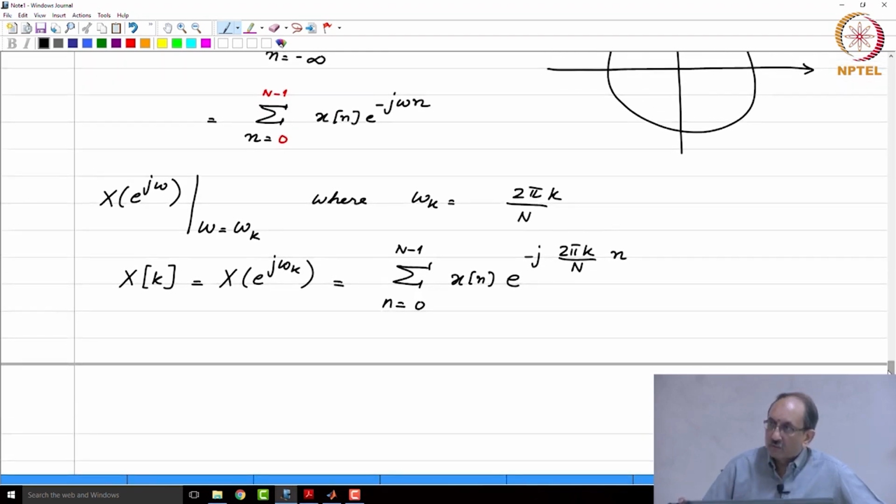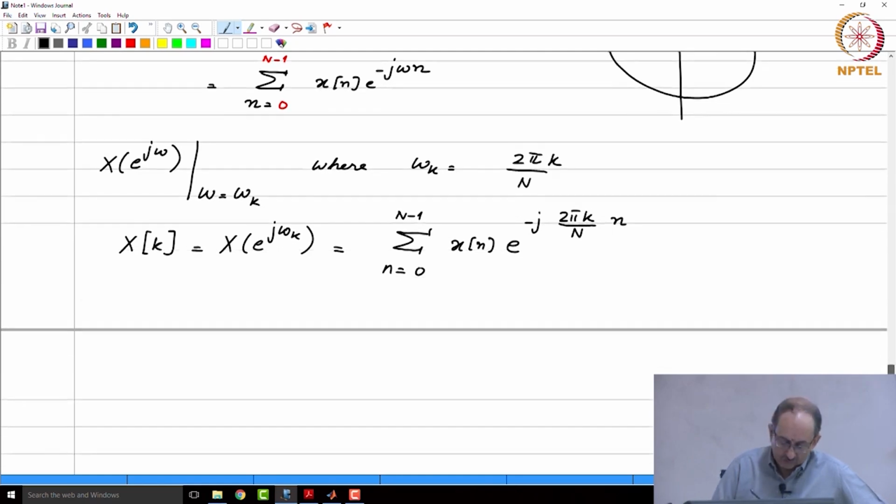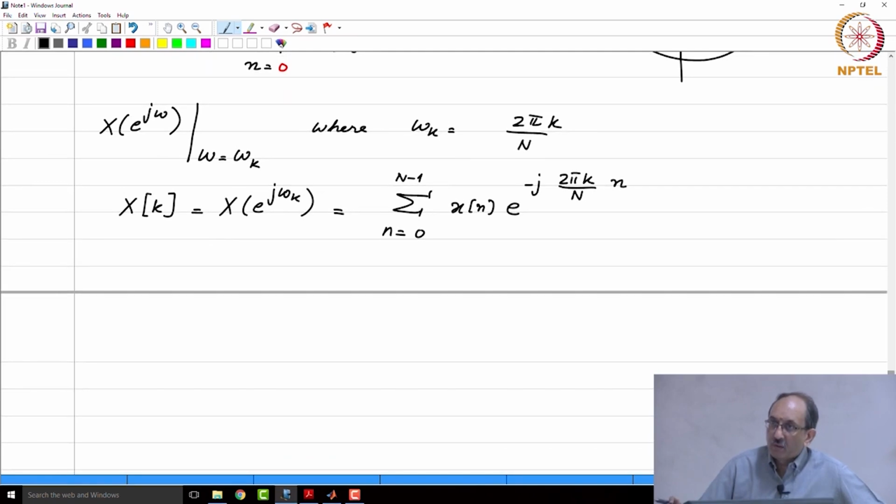Now, if you sample in one domain, you periodically repeat in the other domain. So, when we sampled in the time domain where the spacing was capital T apart, in the other domain the repetition was 2 pi by T, where T was the spacing.